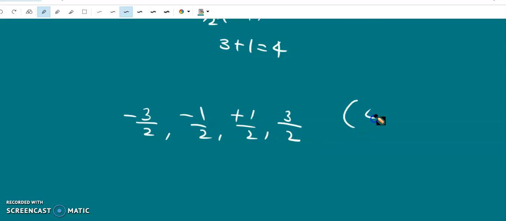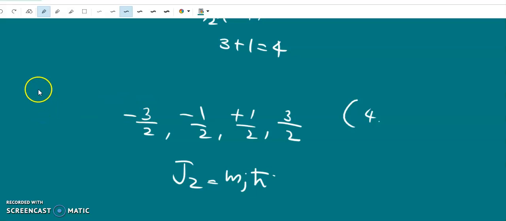So there are 4 possible values, and Jz is equal to mj times h bar. So for l equal to 1 and s equal to half, when j is 3/2, mj has these possible values.